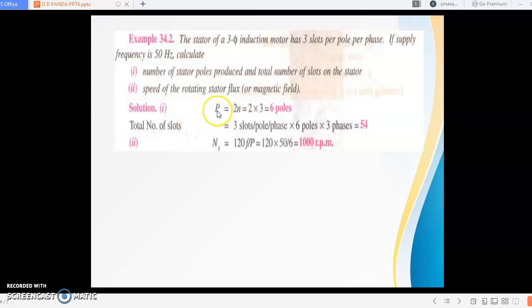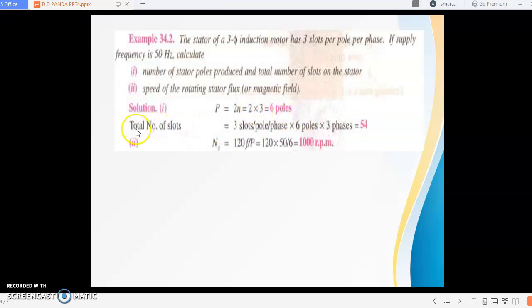See, total number of poles will be, here we have 3 slots per pole. Okay, so the formula for total number of poles will be 2 into n. So we will be getting 2 into 3, that is 6 poles.